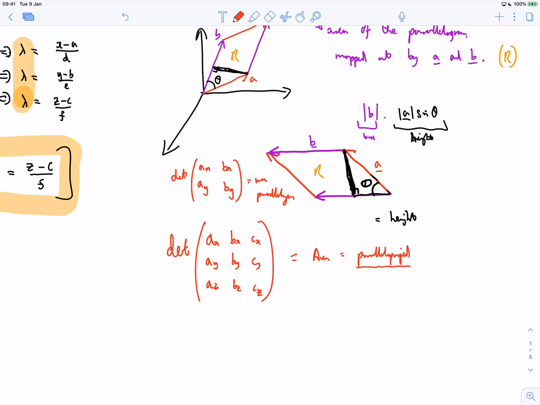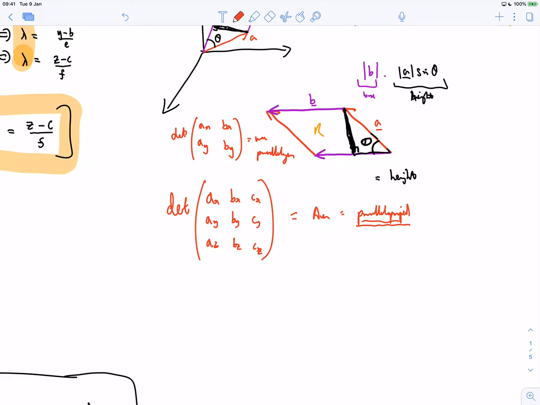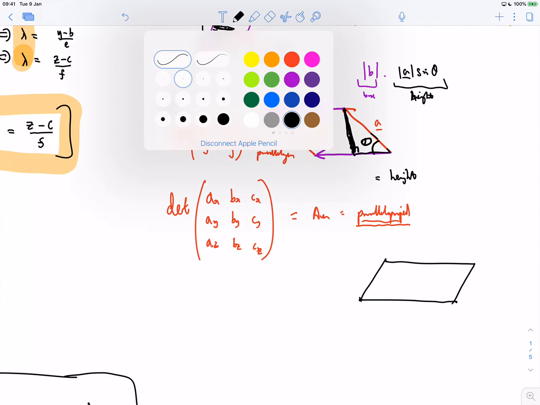Now, if we backtrack, what's a parallelepiped? And this is my best representation of trying to draw a 3D shape on a two-dimensional surface. Imagine a parallelogram, and now imagine that parallelogram is extended into 3-dimensional space.